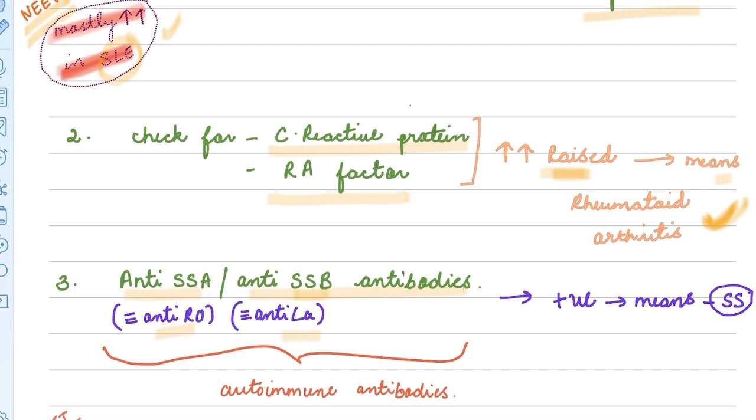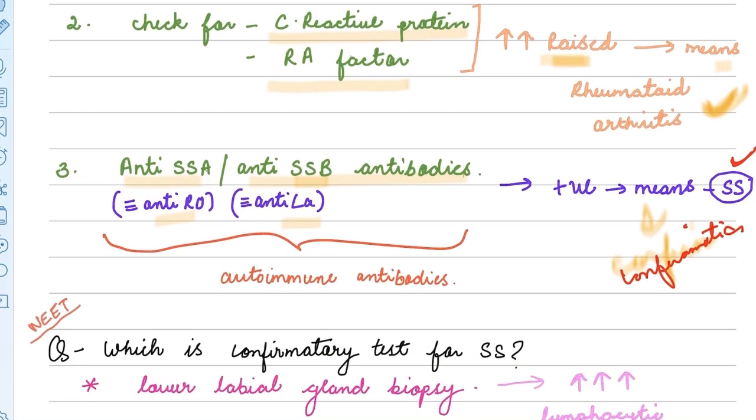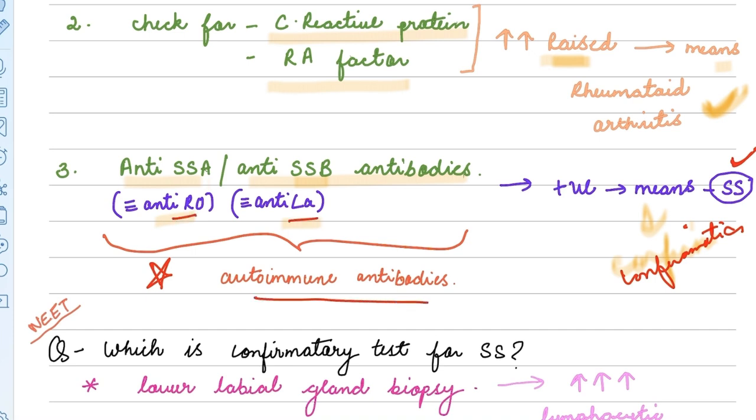If these two antibodies are present, this is a confirmation that there could be Sjogren syndrome. And it is also a NEET question, star mark. These anti-Ro and anti-La are autoimmune antibodies. So it has been asked in the NEET examination.